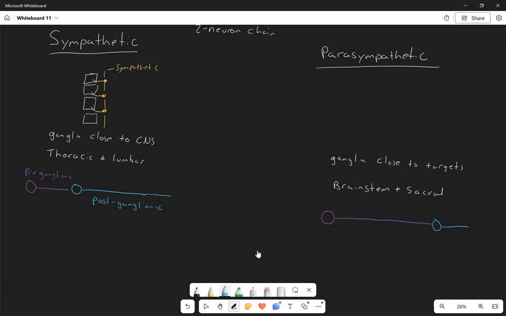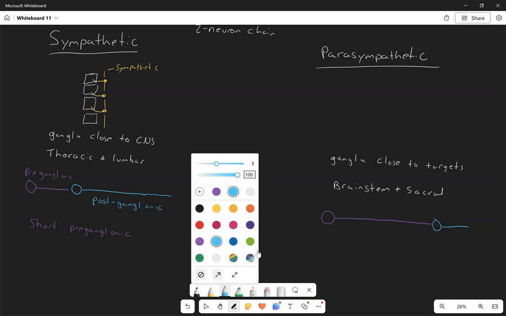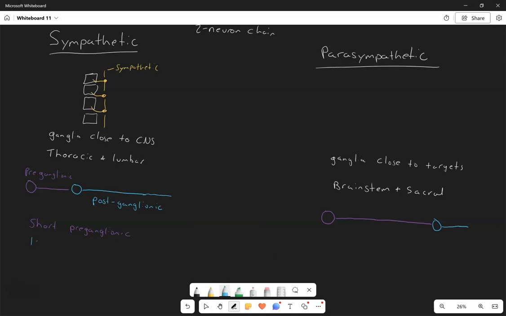Notice that in the sympathetic division, we had a short preganglionic fiber and a long postganglionic fiber.